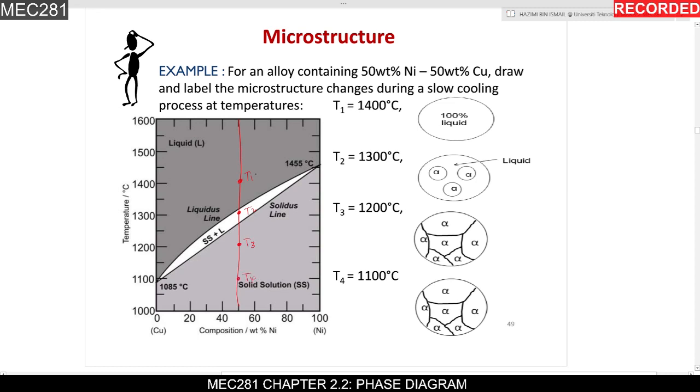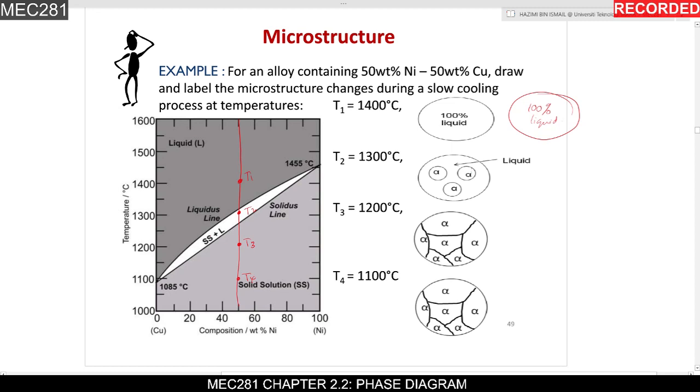Okay, so T1 kita tahu 100% liquid, so buat je lah macam ni, buat kosong je, tak payah color lah kan, sebab tadi ada color. So untuk awak tak payah color lah, awak hanya tulis 100% liquid. So saya pemeriksa ke orang lain pemeriksa ke faham lah 100% liquid. Okay, so bila dia dah masuk solid plus liquid region dekat sini, so kita tahu dekat sini masih lagi banyak liquid.